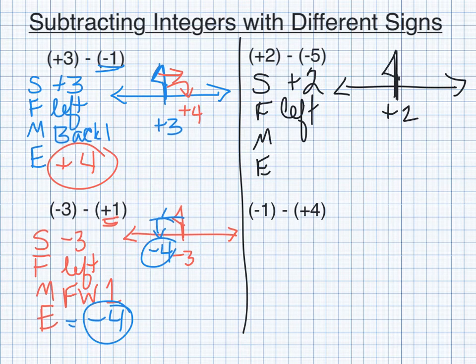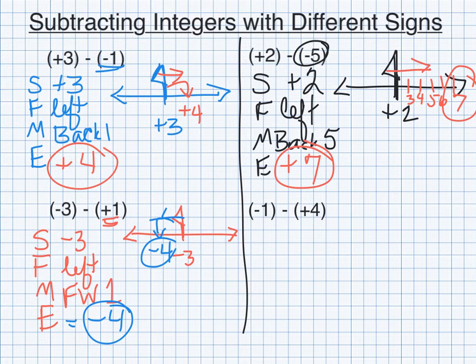And I look at this one, I'm going to move back 5 places. So remember, back is going in this direction, so I go 1, 2, 3, 4, 5. That's 3, 4, 5, 6, 7. The answer here is positive 7.